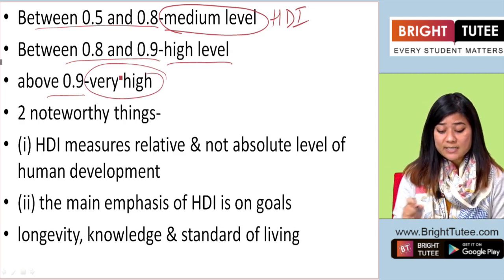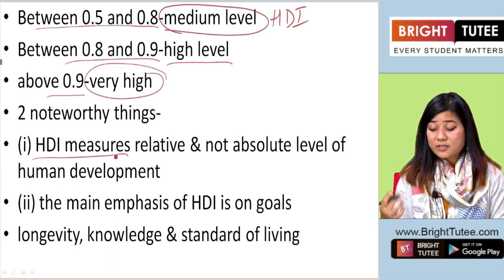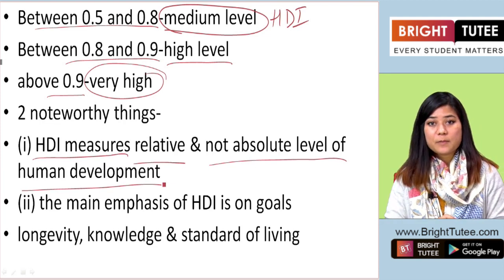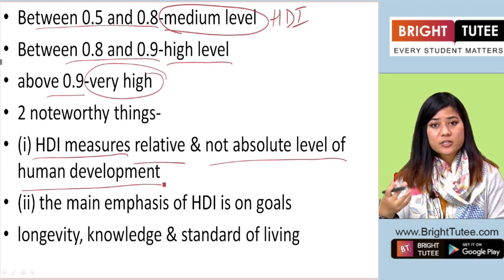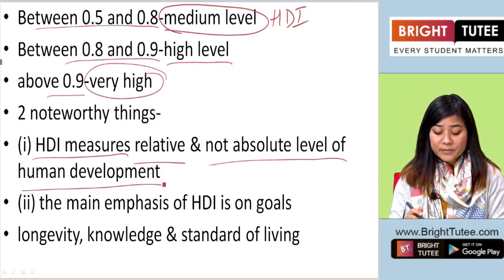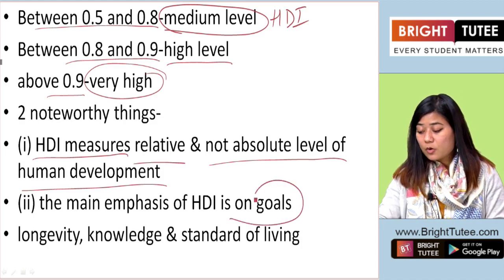Now here there are two things which we need to keep in our mind. The first is that the Human Development Index measures relative and not absolute level of human development. The development that they measure is not absolute. They measure the relative one. And the second is that their main emphasis is on the goals.